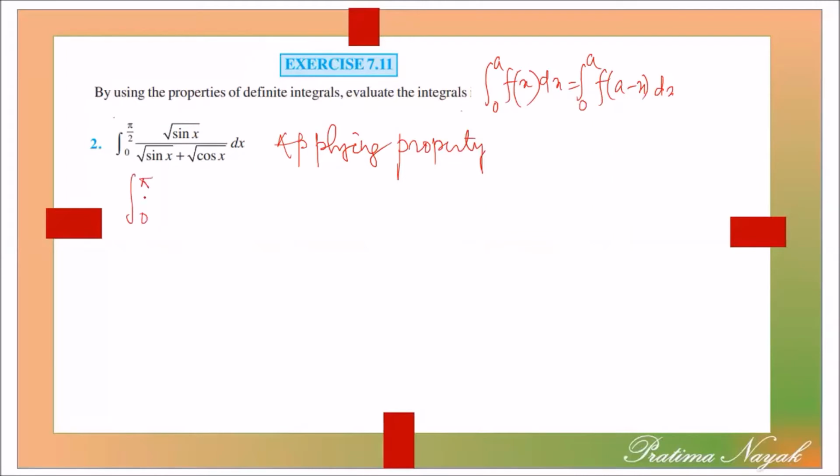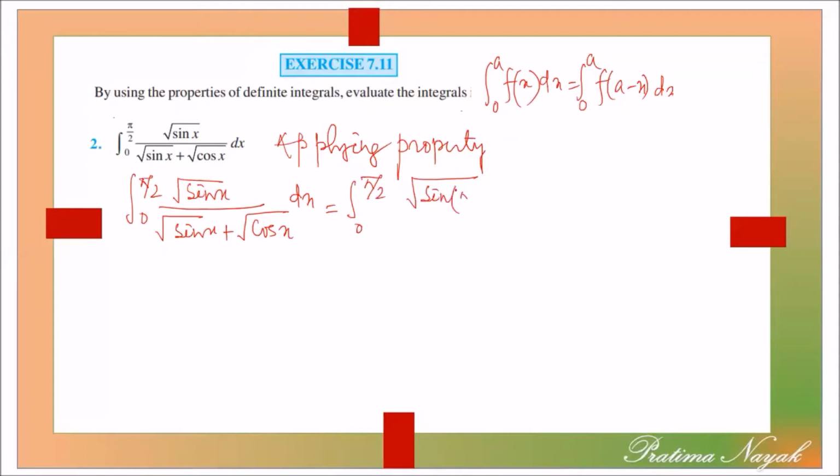So 0 to pi by 2 under root sin x by under root sin x plus under root cos x dx is equal to 0 to pi by 2 under root sin pi by 2 minus x by under root sin pi by 2 minus x plus under root cos pi by 2 minus x.